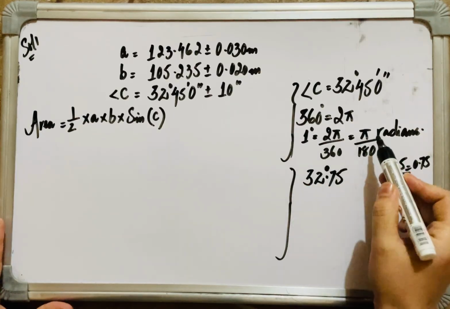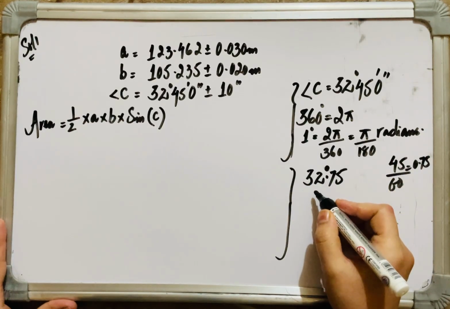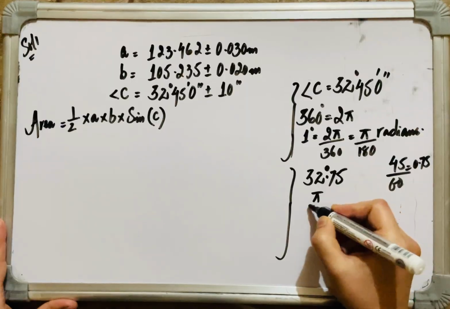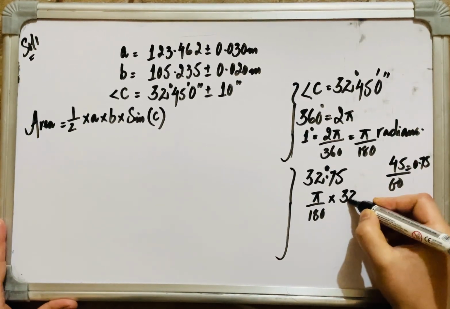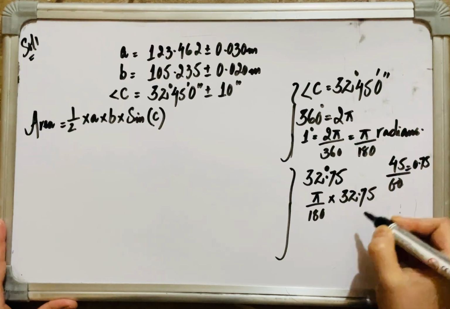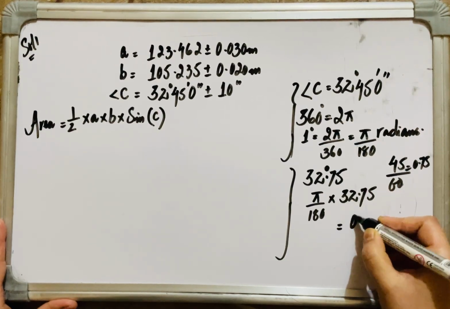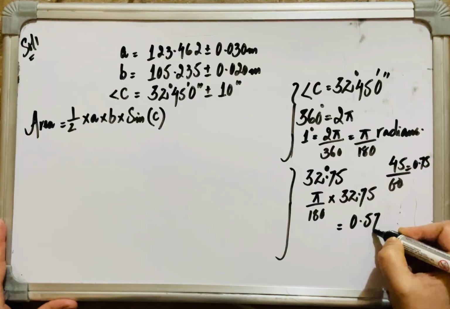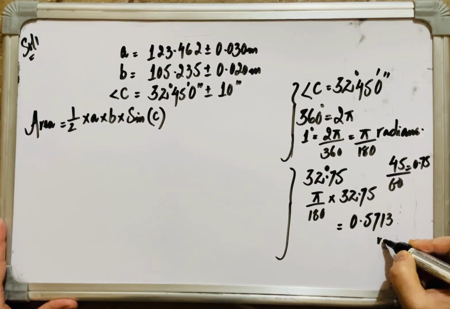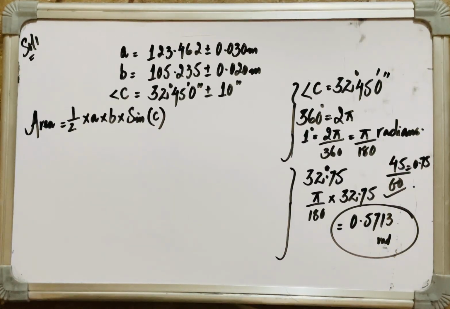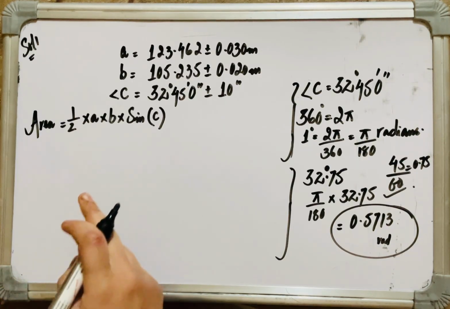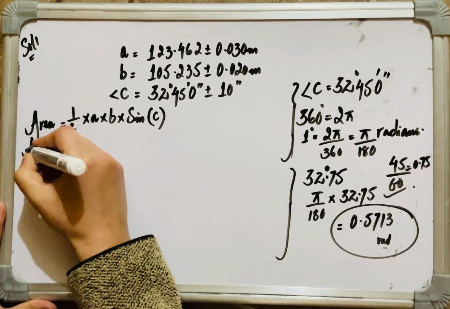If 1 degree is pi by 180 radians, then 32.75 degrees is pi by 180 multiplied by 32.75, which by calculation is equal to 0.5713 radians. So my included angle C is equal to 0.5713 radians.